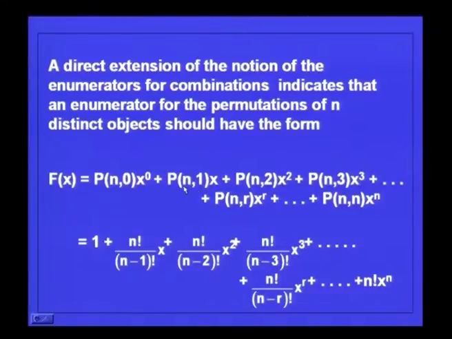This gives the number of permutations of one object out of n objects. This gives the number of permutations of two objects out of n objects, and that should be the coefficient of x² if you want the permutations to be defined.